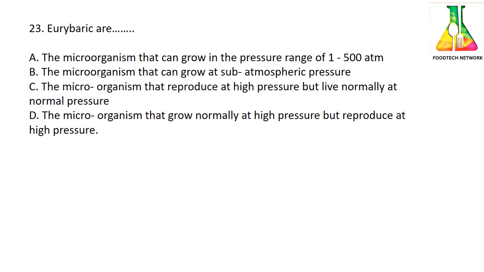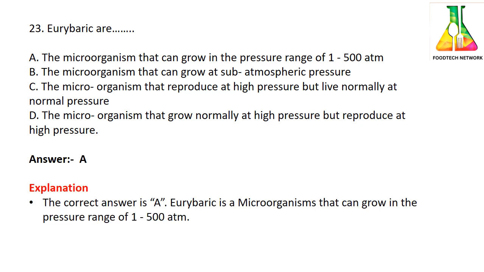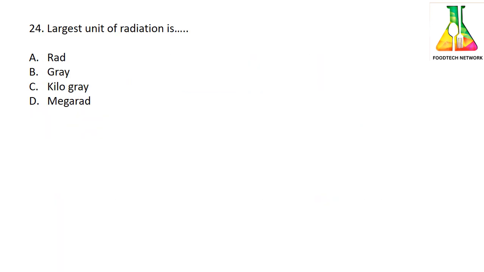And option D, the microorganisms which can grow normally at a high pressure but reproduce at a high pressure. So A, that is Euribaric are the microorganisms which can grow in the pressure range from 0.1 to 500 atmospheric pressure.